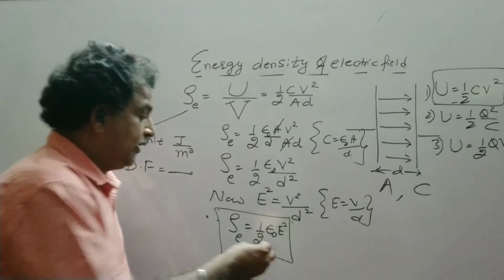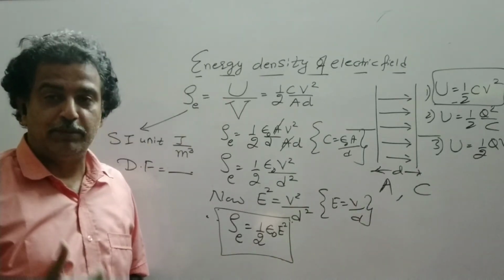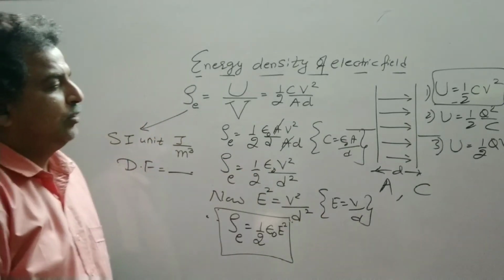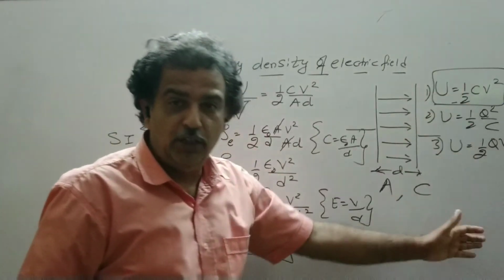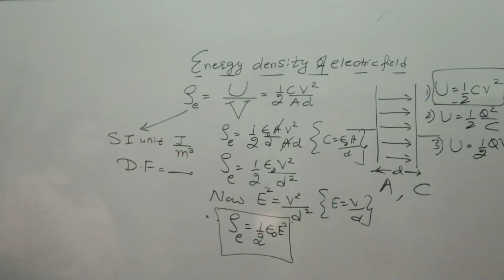Then E is also equal to sigma upon epsilon naught. So you can again come to this relation. By taking the help of any of these three equations, I can come to the same conclusion. So this is the energy density of electric field or energy density of a capacitor.